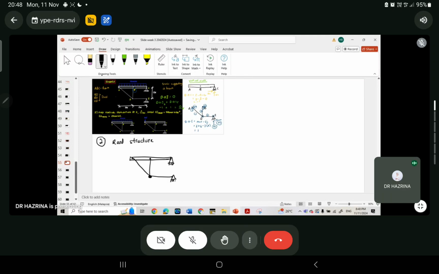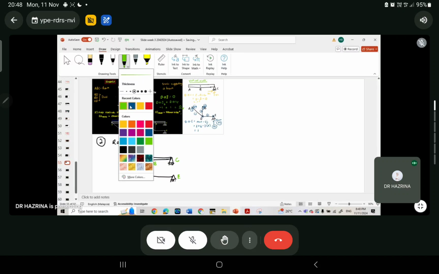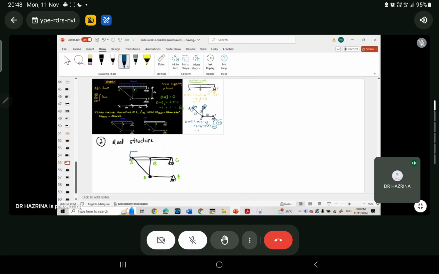So here is the joint also. Here this one is your A, this one is your B, this is your C, this is your D, and this is your E. The loading given is 15 kilonewton per meter. So drawing the real structure gets 1 mark.